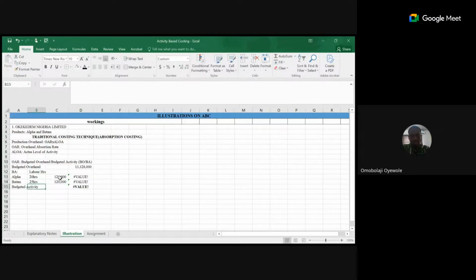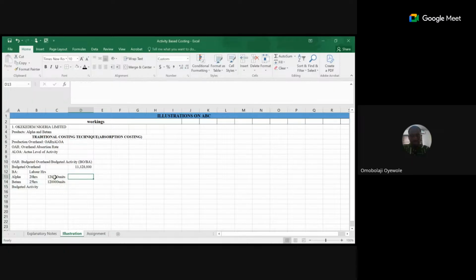Then the 120,000 is supposed to be 120,000 units. Let's just get that done again.